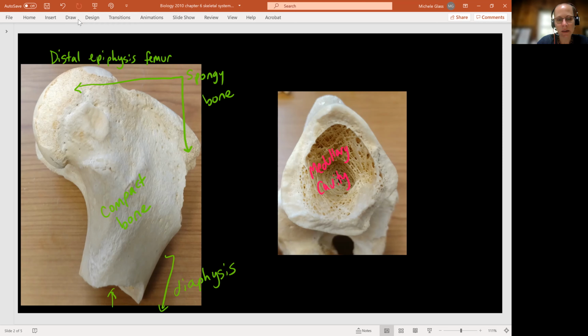So in this case, we're looking at the shaft that's been severed, and then we're actually looking like up inside that severed shaft in order to see that medullary cavity. And notice that the medullary cavity here is lined with the spongy bone. It's not full of it. The medullary cavity has our yellow bone marrow.